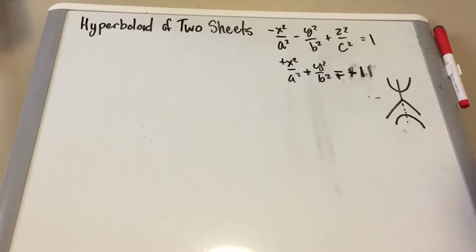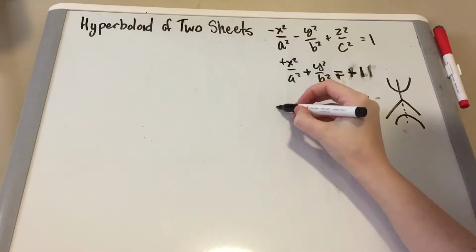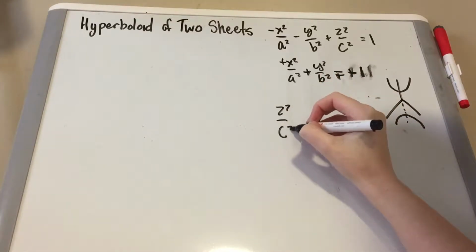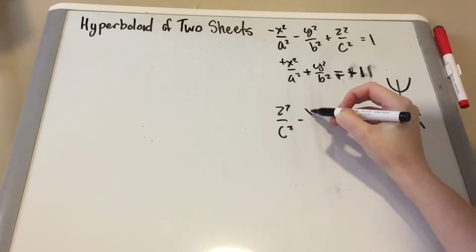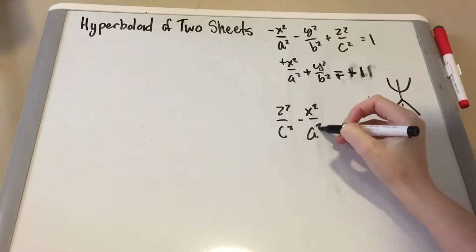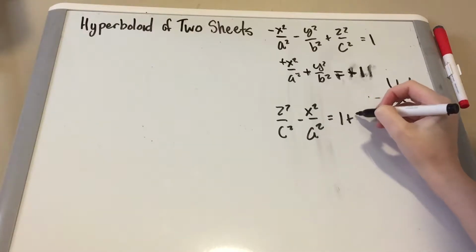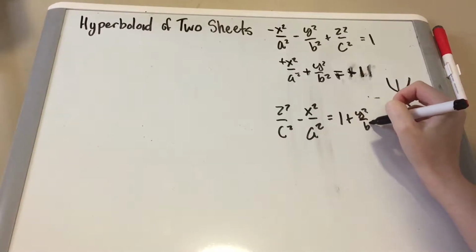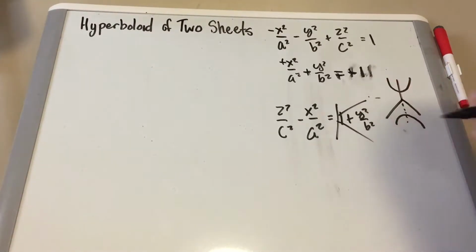So if we're going to now call either x or y a constant, we get z squared over c squared minus x squared over a squared equals 1 plus y squared over b squared. And this is some constant, and we can see that we get the equation for a hyperbola.